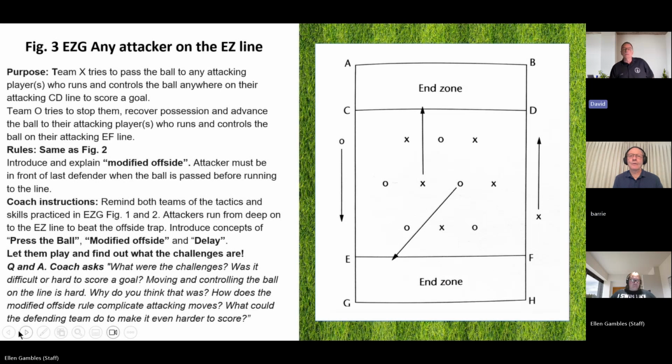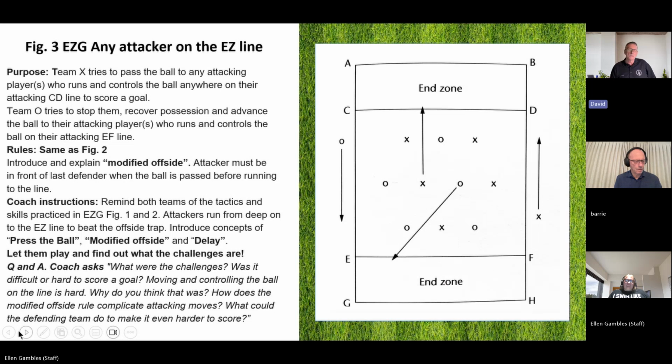Yeah. So this is more complex, and it requires any attacking player to make a move forward to get to their line and receive the ball and control it to score.